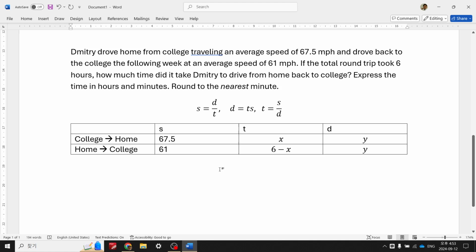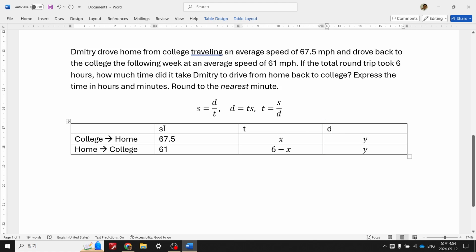Now, once you populate the table, what's next? Make equations by making use of the equations that you wrote here, right? Among the three, what's our favorite one? It's this one that's our favorite because it doesn't have any fractions. The other ones have fractions and we don't like it. So let's use that. Distance equals time times speed.